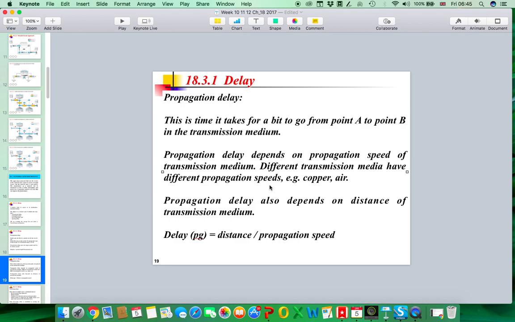So instead of using wire, you're now using fiber optic, which means it is light, or you're using wireless, which means it's air. In this case, you will have to recalculate the propagation delay because the medium has changed. So propagation delay is equal to distance divided by the propagation speed.